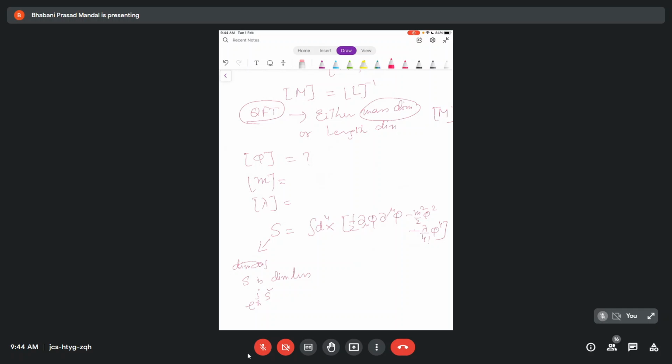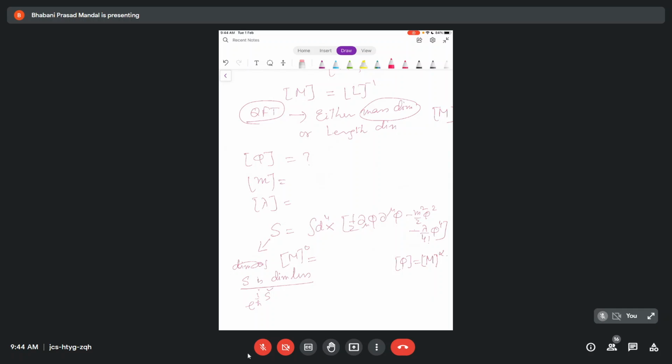So S is dimensionless, and the left hand side is dimensionless. So let us write mass dimension m^0. On the right hand side, we equate and find the dimension of phi. Let the mass dimension of phi be m to the power alpha. We will find what alpha is.